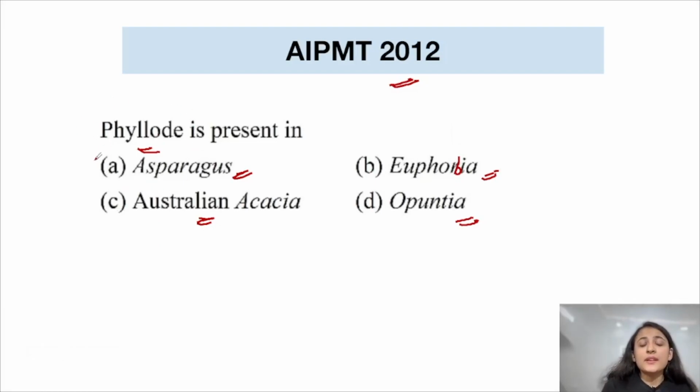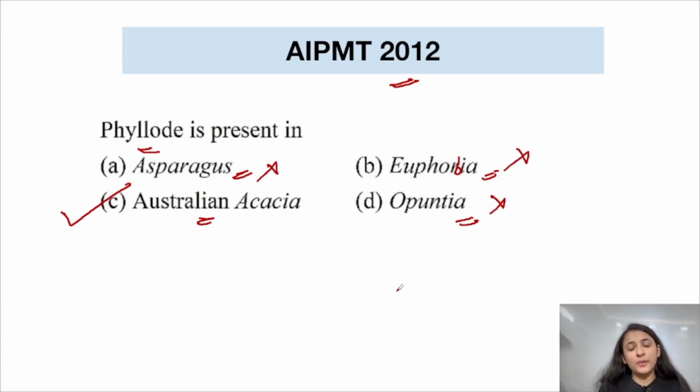Phyllodes are leaf modifications in which the petiole or the rachis gets flattened and expanded in order to perform the function of photosynthesis. And this kind of leaf modification, which is known as phyllode, is seen in Australian acacia, not asparagus, not opuntia, not euphorbia.